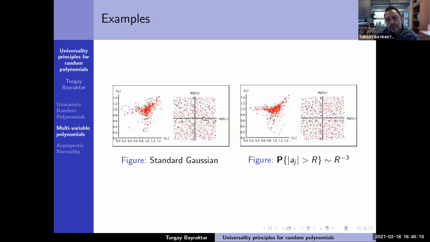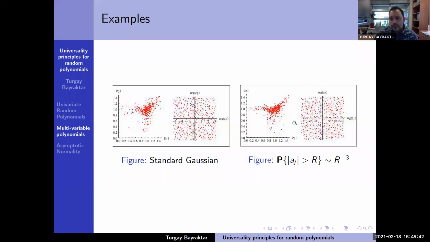The other two are the argument of the first variable and the argument of the second variable. Now, if the zeros are accumulating around the unit torus, what you expect to see is that the modulus of z1 and z2 should be close to 1. That means the zeros should accumulate around (1, 1) here. And if they're uniformly distributed around the torus, then the arguments should be uniformly distributed in minus pi to pi and minus pi to pi, right? And that's what you see for the standard Gaussian.